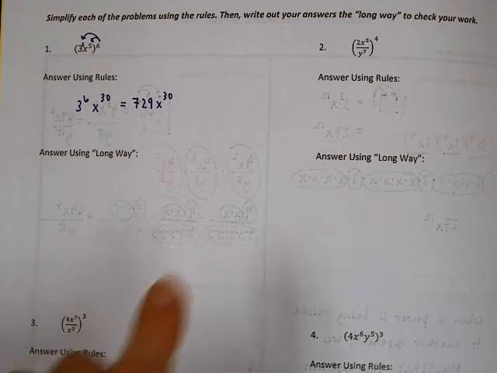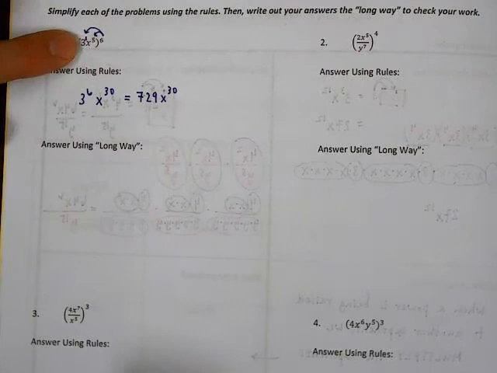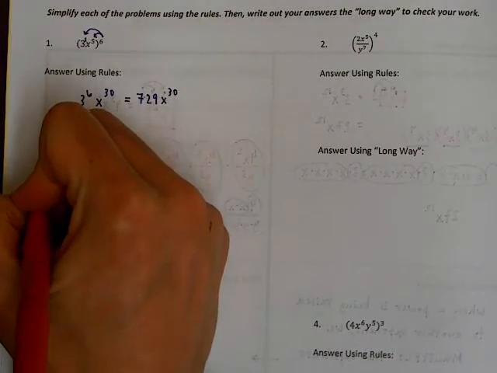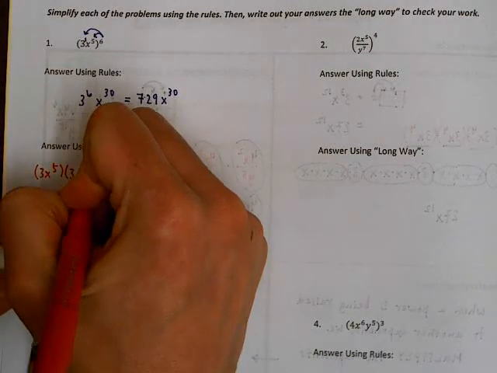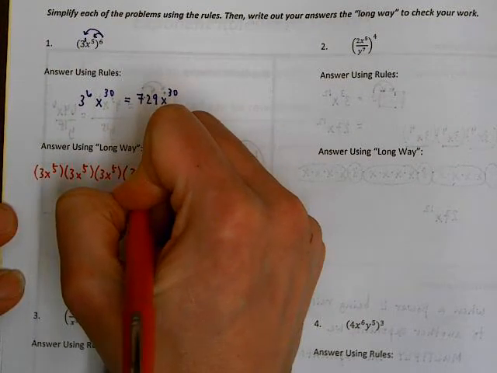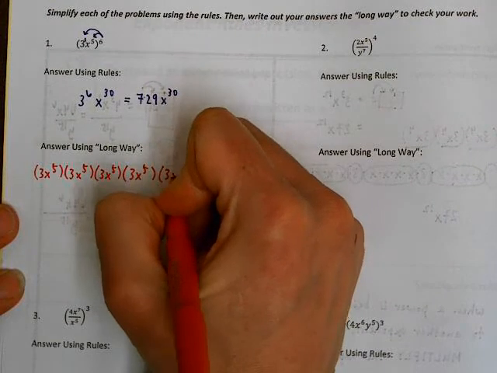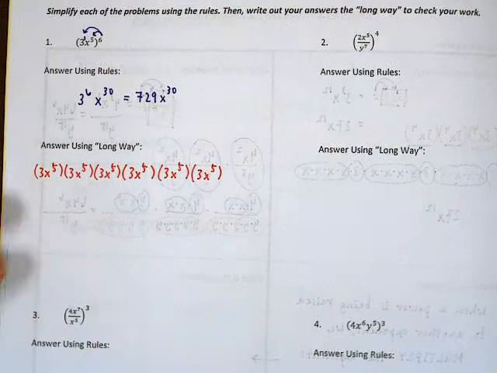Now again, we can check this by writing it out the long way. Our power was 3x to the fifth, and we know we have that 6 times. So we're going to have 3x to the fifth, 3x to the fifth, and so on, six of them.